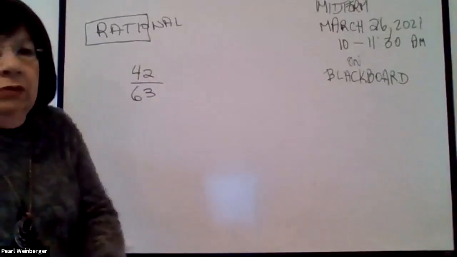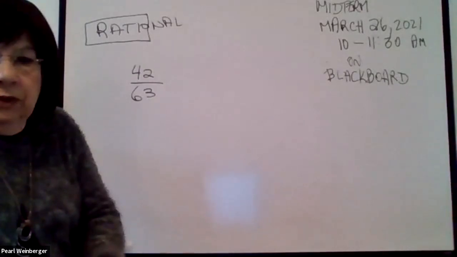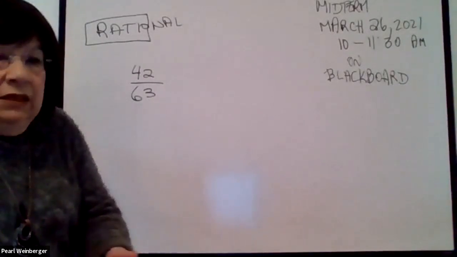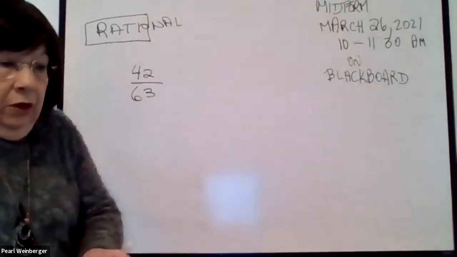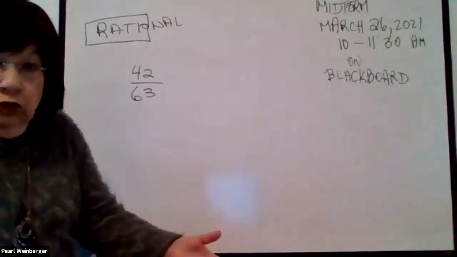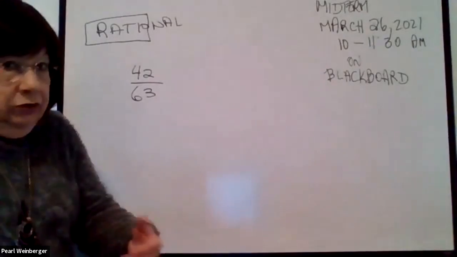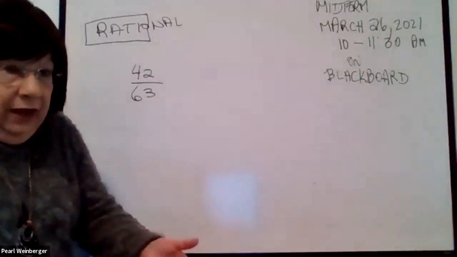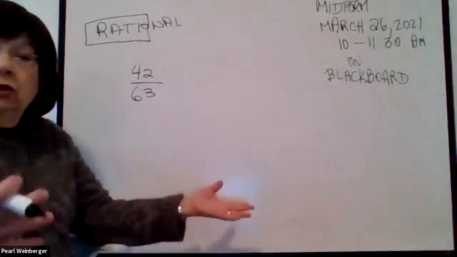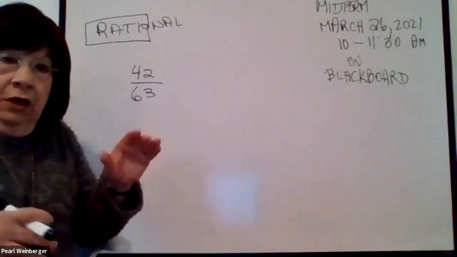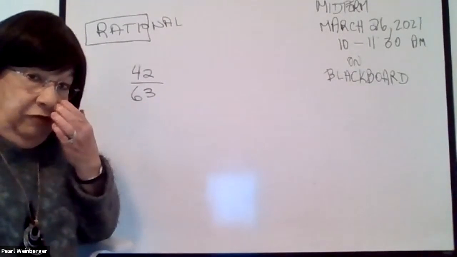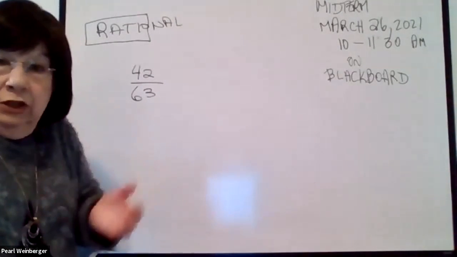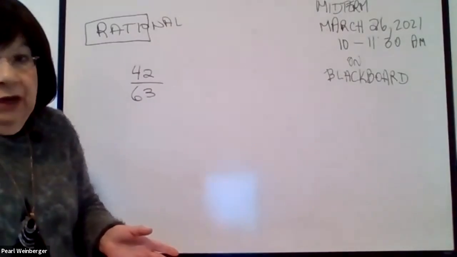So fractions are interesting in that there are many different versions of the same fraction. For example, if I have the fraction 1/2, I could also call it 4/8, or I could call it 100/200. When we're talking about plain numbers that are not fractions, what we call integers, there's only one way of writing it.